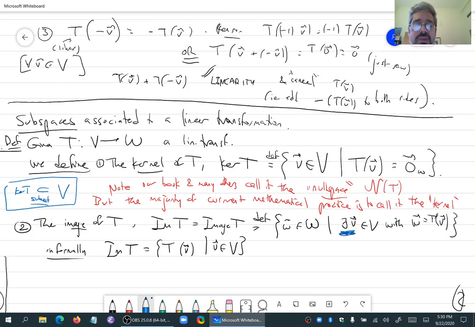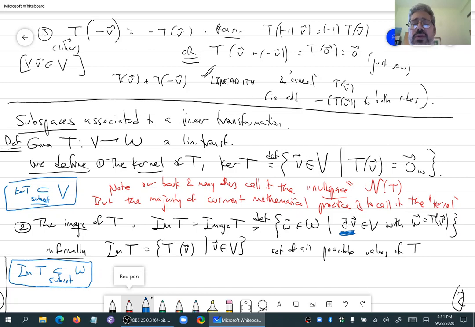So do things with the 'there exists', okay? So it's the set of all possible values of T, and then easily the image of T is a subset of W. Okay, these are structurally the case because we are just limiting to certain elements of V for the kernel or certain elements of W for the image.